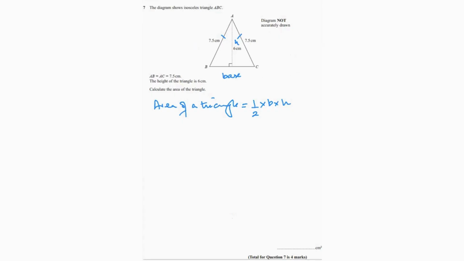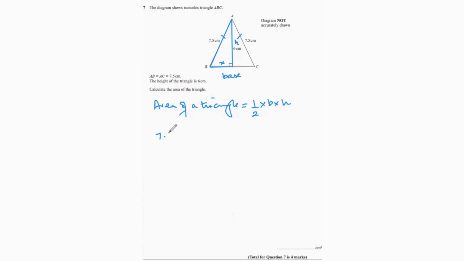So to find the base, we're going to use Pythagoras because as you can see, they've highlighted the right angle in the triangle. So you can split this into two equal right angle triangles and then use this information to find the value of x. And then we multiply the value of x by 2 to get the complete base.